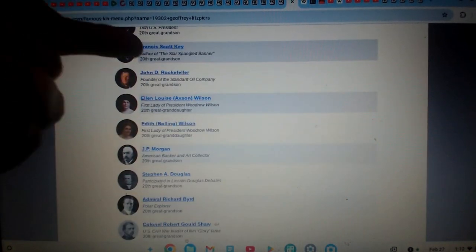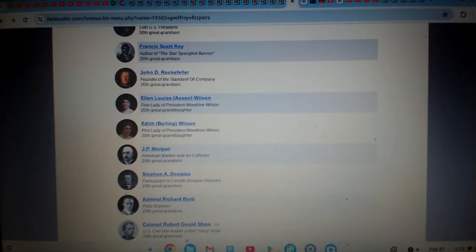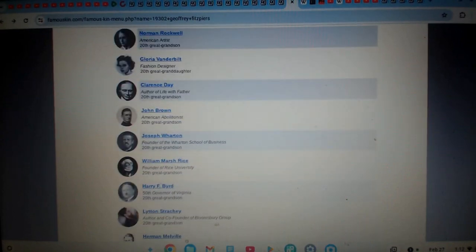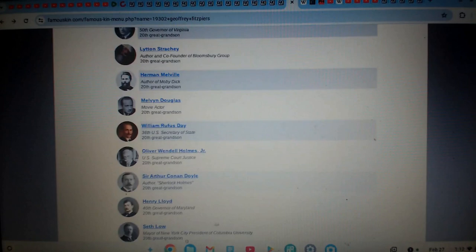It's like, here's Rockefeller. Remember I said the Vanderbilts and the Morgans. Here's J.P. Morgan. It's just never ending. Here's Woodrow Wilson's wife, another president's wife. Here's Gloria Vanderbilt. How much evidence do you need before you're like, 36th president?